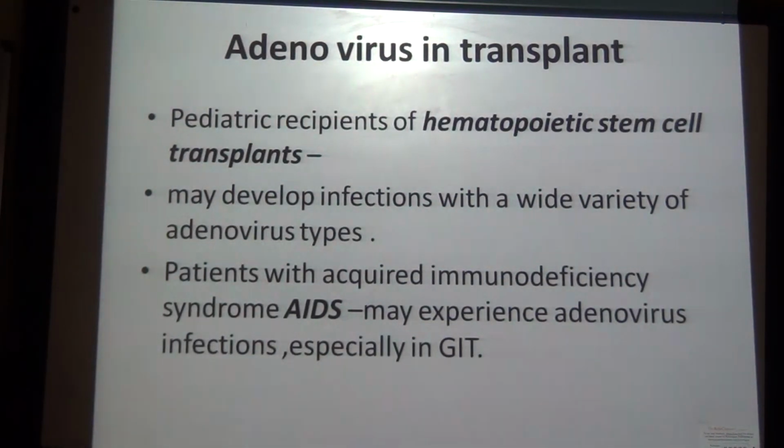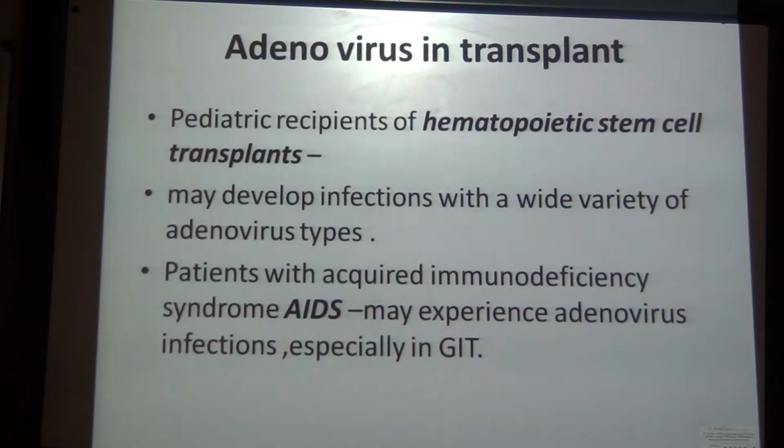The adenoviruses also cause hematopoietic stem cell transplant infections, and they cause a variety of infections. They also cause infections in acquired immunodeficiency syndrome or AIDS patients, and in this case they cause GI symptoms like diarrhea.